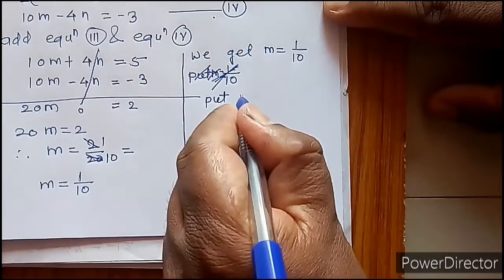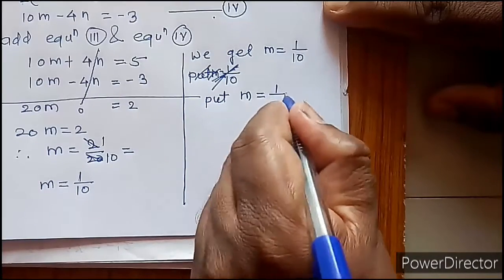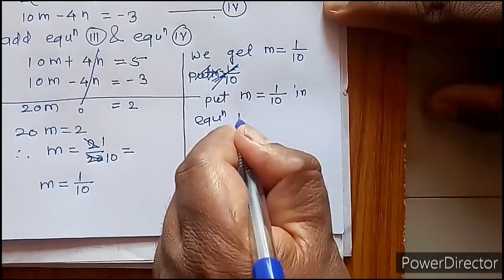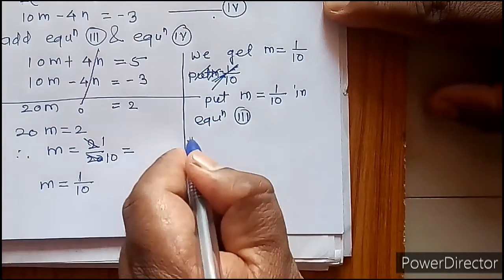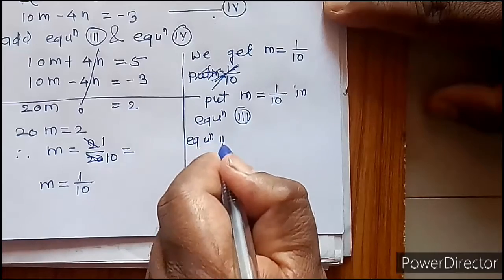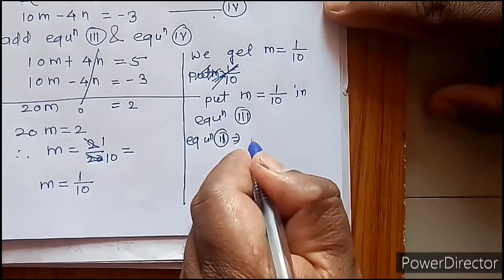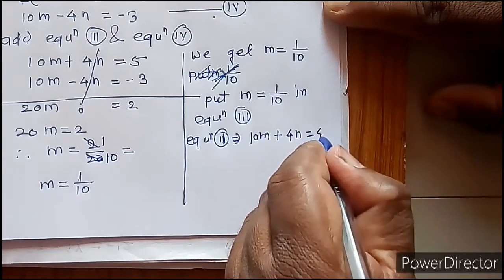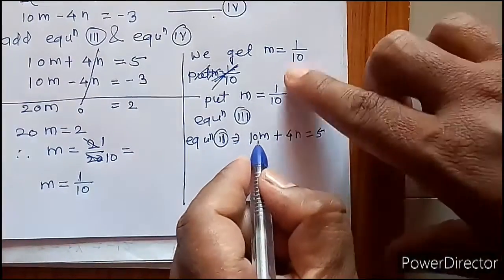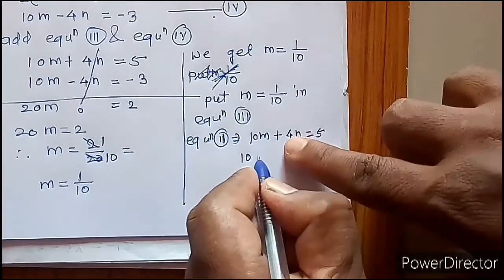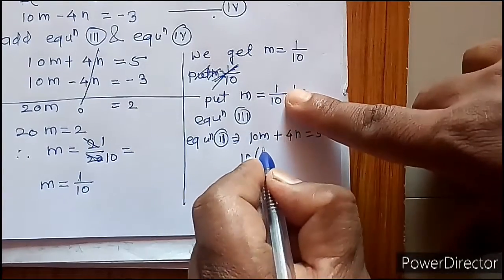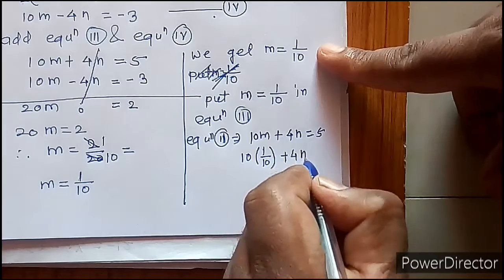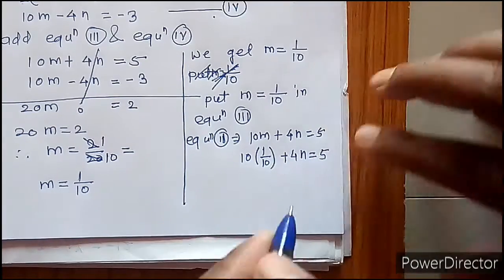Put m equals 1 by 10 in equation 3. Equation 3 is 10m plus 4n equals 5. Now the value of m is 1 by 10, therefore write down 10 as it is, 1 by 10, plus as it is 4n, equals 5.